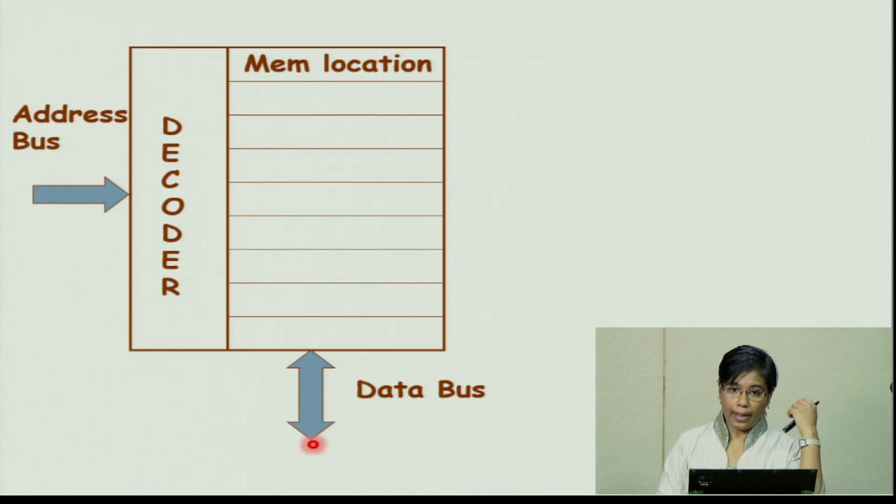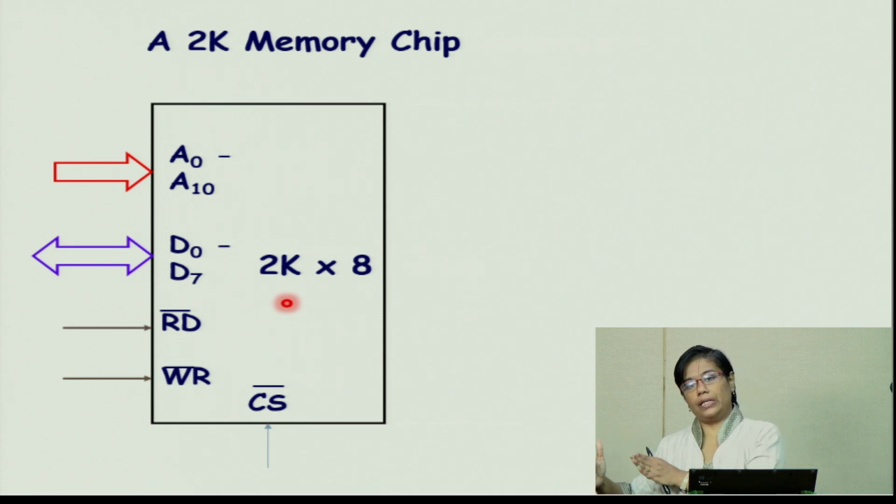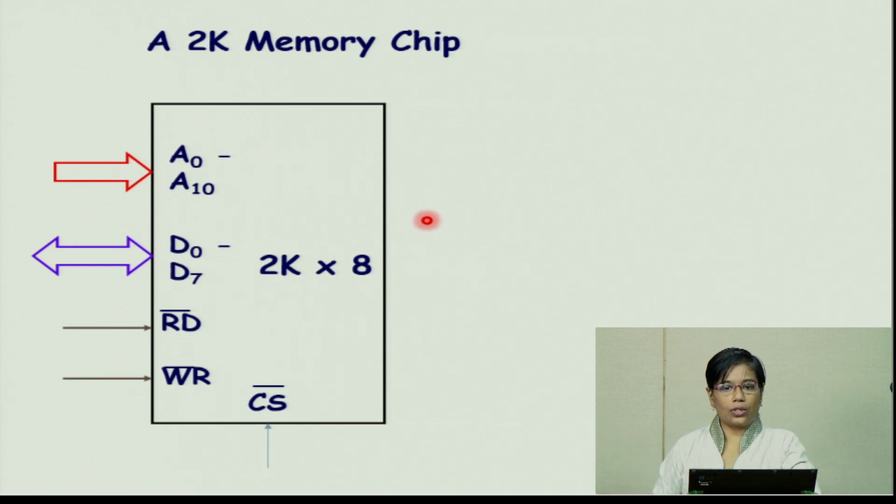Now when we are talking about a normal 2K memory chip, when we say it is 2K, we also say it is 2K into 8, meaning that there are 2K memory locations and every memory location can store 8 bits of data. So this is called a byte organized memory chip. Every location can store 8 bits of data. There are totally 2K locations. The size of this memory chip is going to be 2 kilobytes.